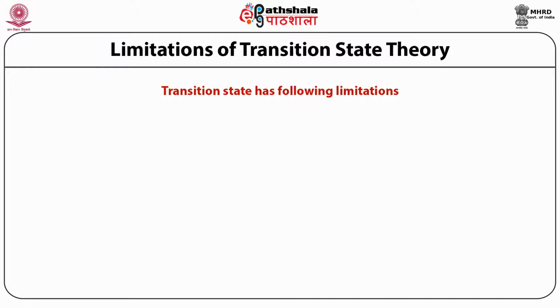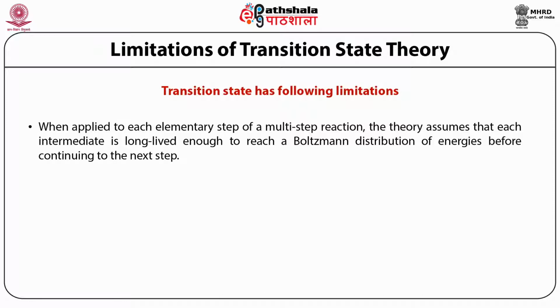The first limitation is that, when applied to each elementary step of a multi-step reaction, the theory assumes that each intermediate is long-lived enough to reach the Boltzmann distribution of energies before continuing to the next step. But when the intermediates are very short-lived, then transition state theory fails.